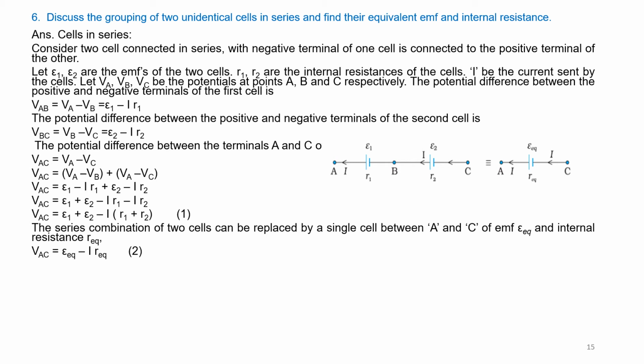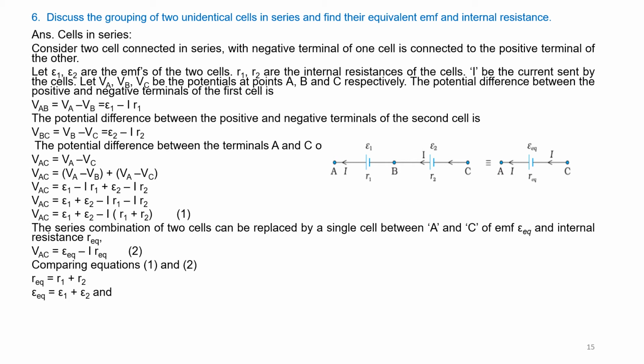That is, E equivalent minus I into R equivalent is equal to E1 plus E2 minus I into R1 plus R2. That is equation number 2. Comparing equations 1 and 2, we get R equivalent is equal to R1 plus R2, and E equivalent will be E1 plus E2.